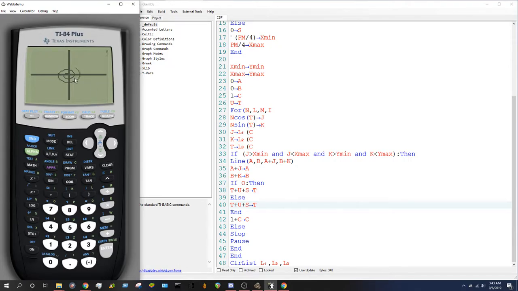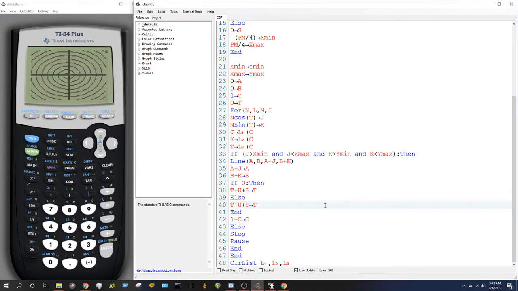I do not know why it looks like this. I seriously can't think of why it would look like that.